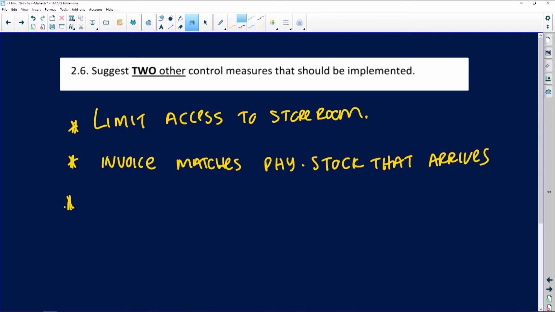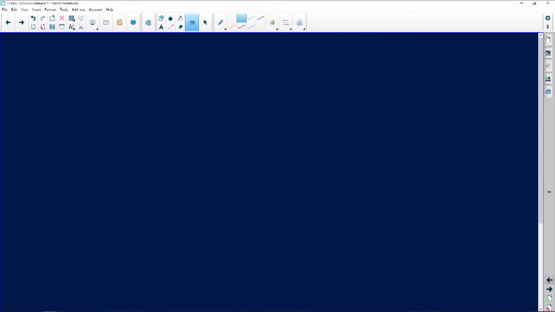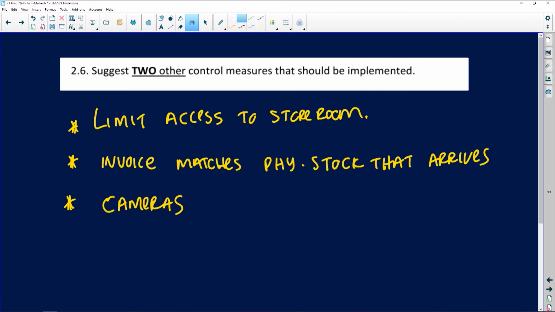So you've got someone counting the stock and comparing that stock to the invoice. And like I said, yes, you can talk about cameras, right? But don't just write down cameras. Make sure you explain. So remember, guys, install cameras in the storeroom where the stock is being kept. Okay, right, so we've got a few seconds left, and I think that's it as far as the question is concerned, which is fantastic. We managed to finish the question.